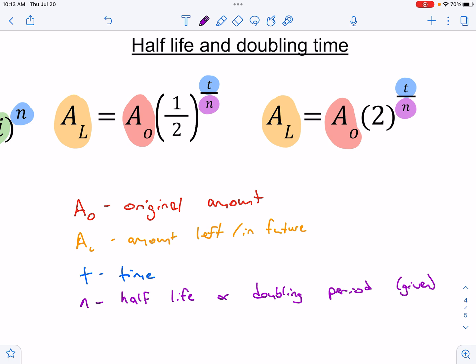A doubling period would be sort of the opposite. It's how long it takes for the amount to double. So that would be something like a bunny population is being studied and we know that the doubling time is 5 years. So it takes 5 years for the bunny population to double. And you would be needing to figure something out based on how many bunnies we started with, how many bunnies we've ended with, how much time has elapsed between the two.